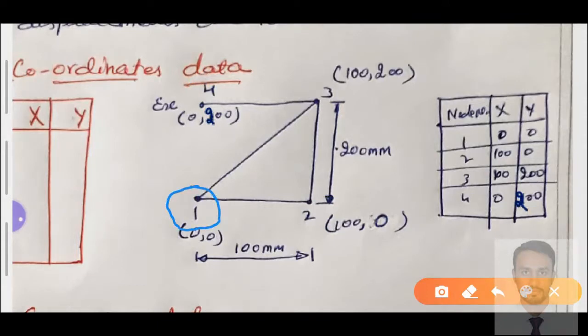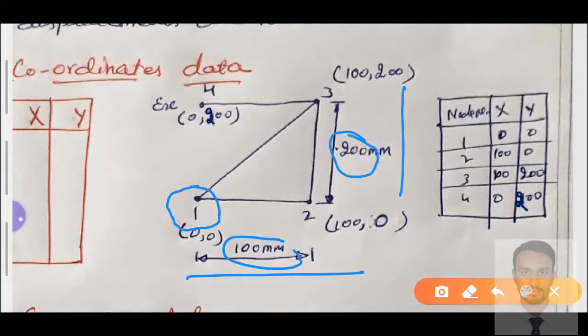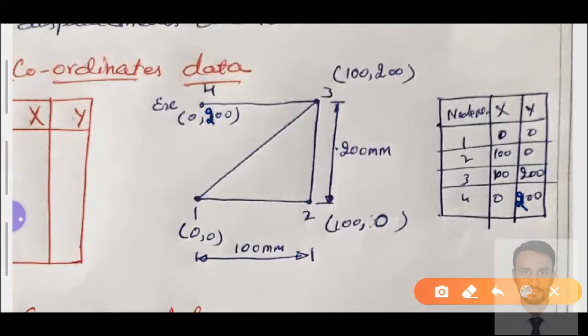Node number 1 is the origin, and the given length of this truss element along the x axis is 100 mm, along the y axis 200 mm. Now I need to take each nodal data and tabulate it in a tabular column. For node number 1, which lies at the origin, the x value is 0 and the y value is 0.